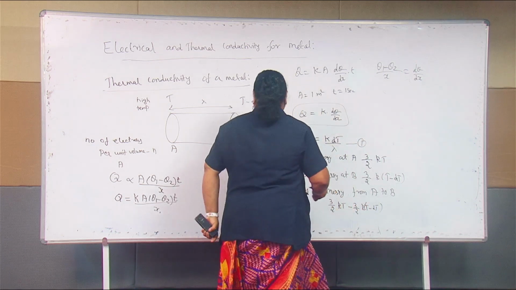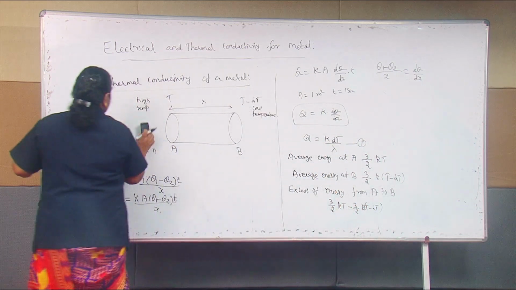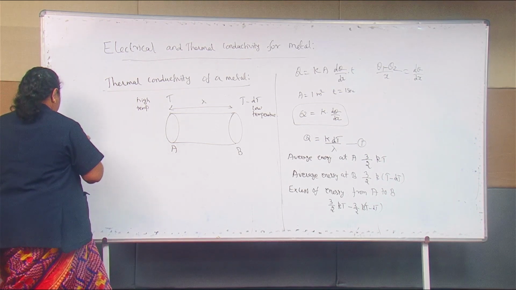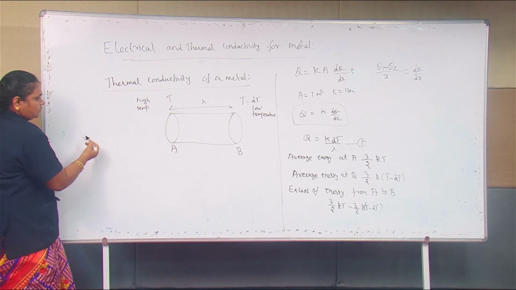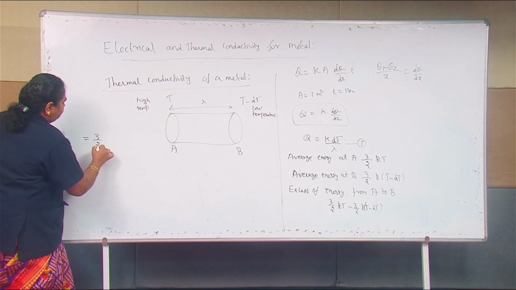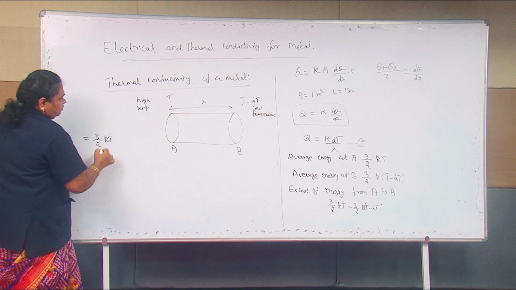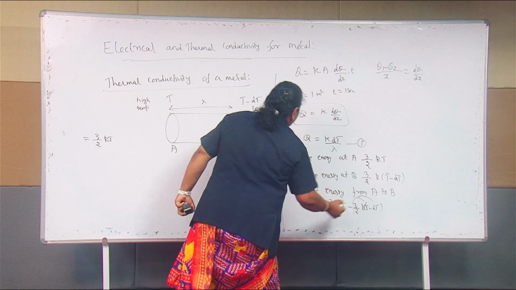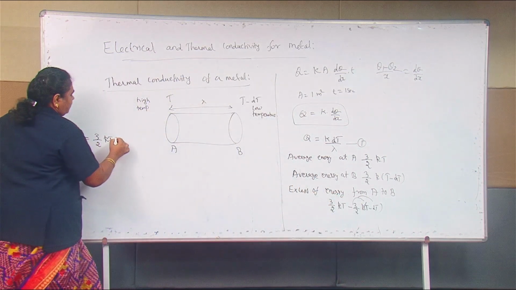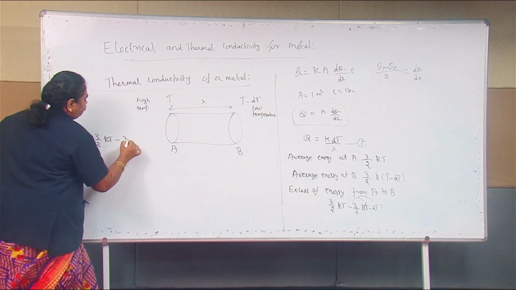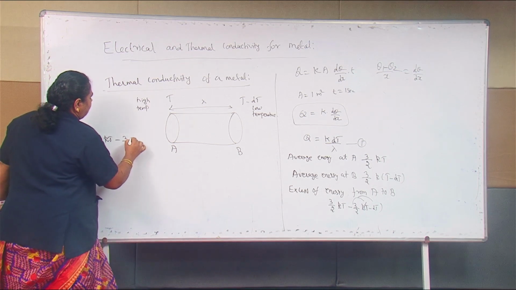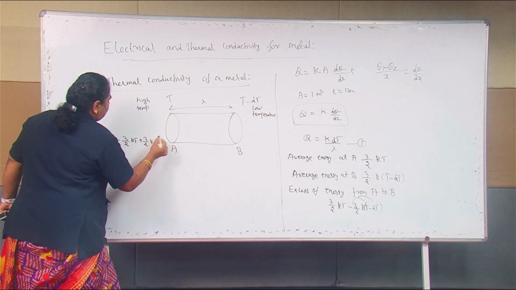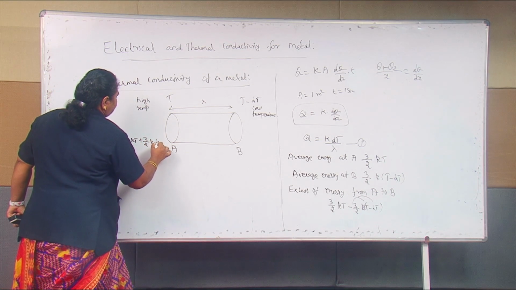So this can be expressed like this: 3 by 2 K into T. When you multiply this minus inside the bracket, we get minus 3 by 2 K into T plus 3 by 2 K into dt.